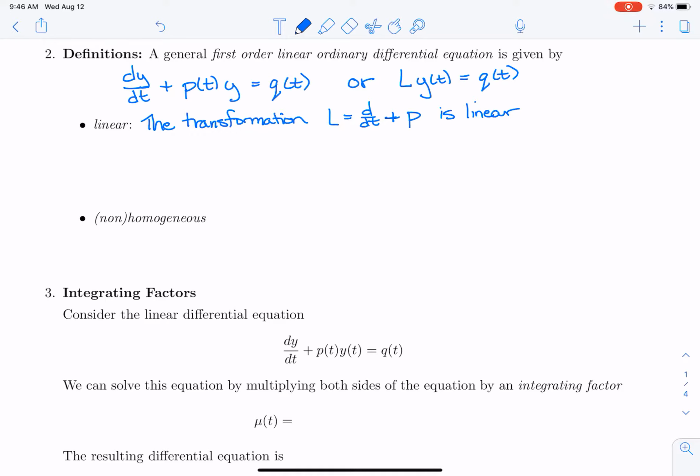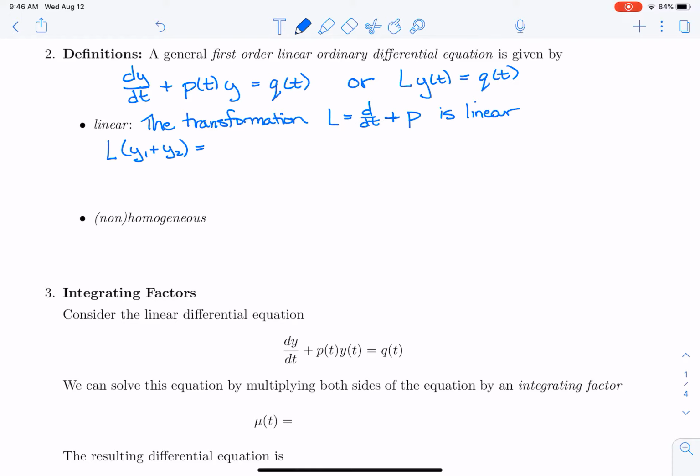So what does it mean to have a linear transformation? What needs to be true for a linear transformation? Well, if you remember, if you do a linear transformation to the sum of two vectors, say y1 plus y2, then it should equal L done to y1 plus L done to y2.